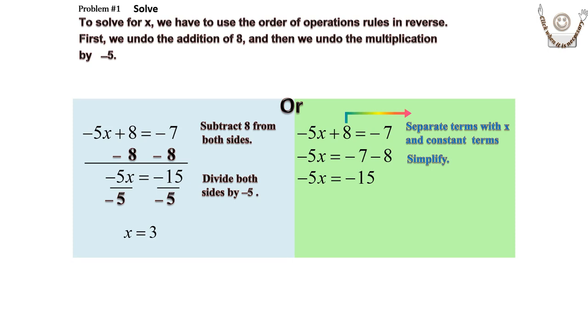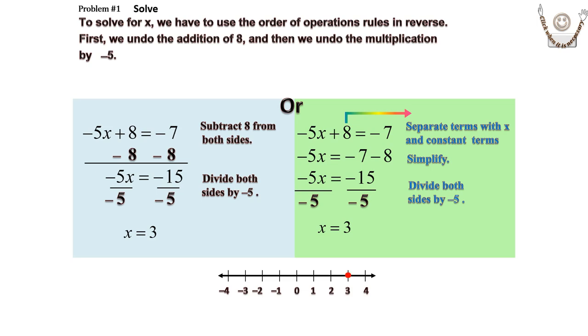Next, we have to divide both sides by negative 5. We divide both sides because we want to keep balance. So x is 3. We can show x is 3 as a solution, or we can show this as a dot on the real number line, or we can show 3 within curly parentheses.